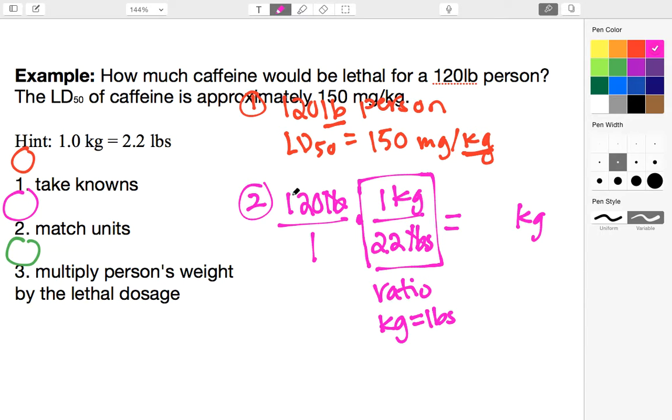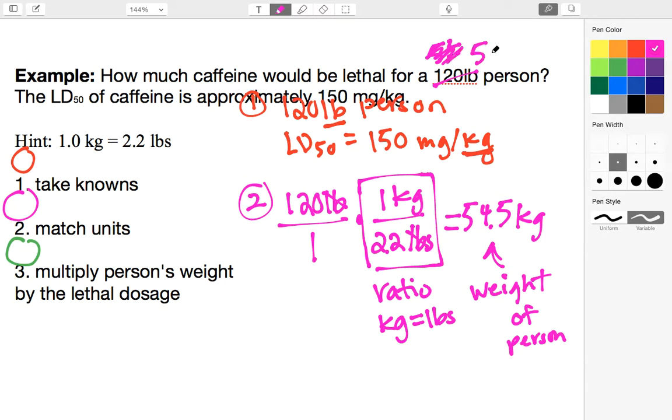So if I do the math, it would be 120 times 1 kilogram divided by 2.2. That should get me 54.5 kilograms. This is the weight of the person right now in a different unit. If I wanted, I could even rewrite this whole thing and say 54.5 kilograms.